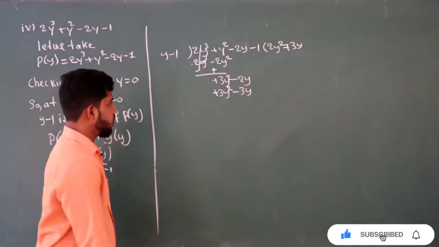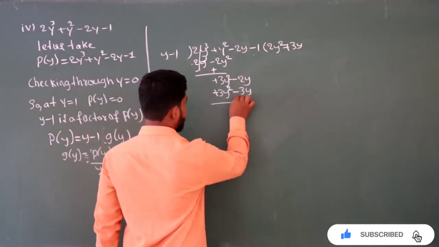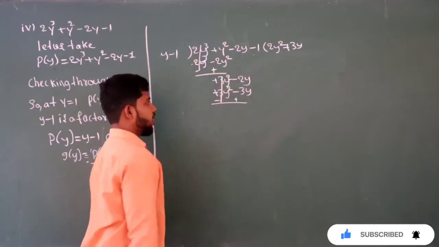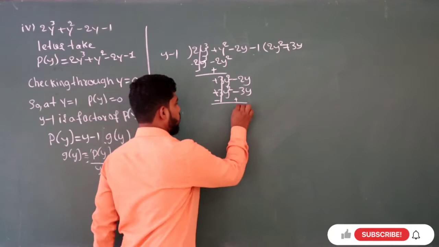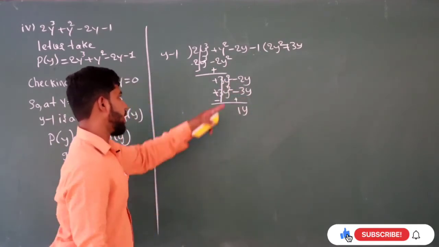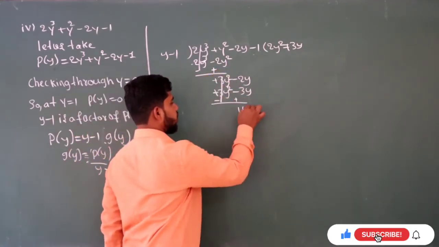Now minus becomes plus and here minus. 3y square and 3y square cancel. Now plus 3y minus minus 2y is 1y. 1y minus 1. You are taking the minus 1.